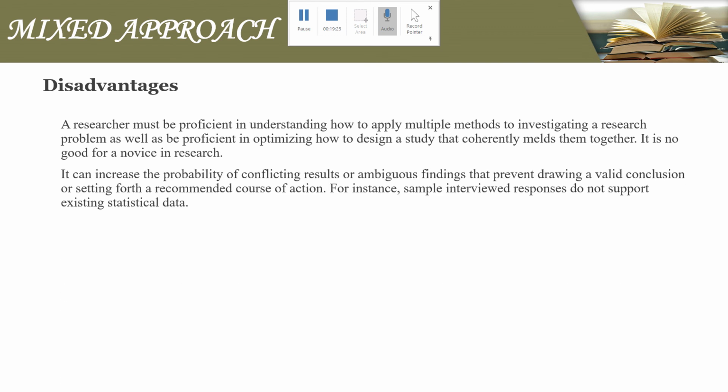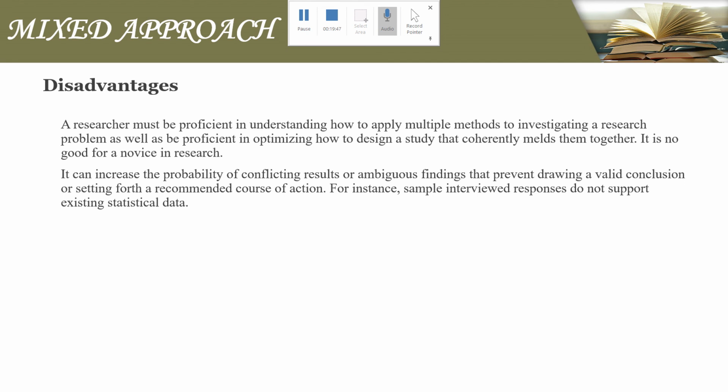It can increase the probability of conflicting results or ambiguous findings that prevent drawing a valid conclusion. For instance, when your quantitative data arrive at a different result and the qualitative narration or explanation also arrive at a different result, which one do you take or which one do you abide with?